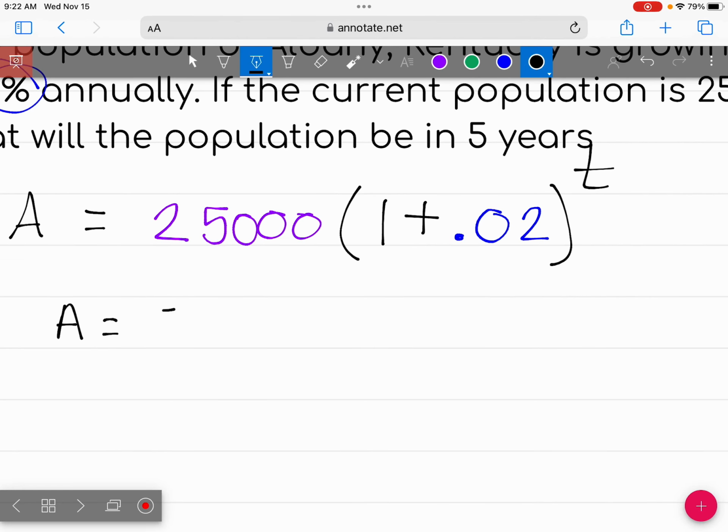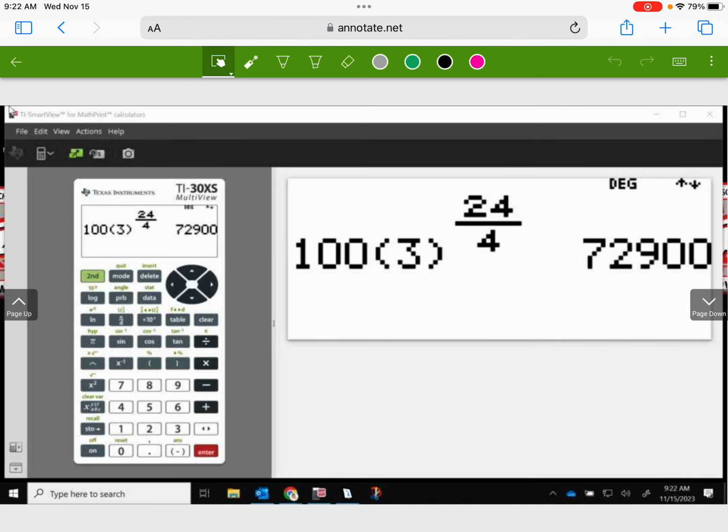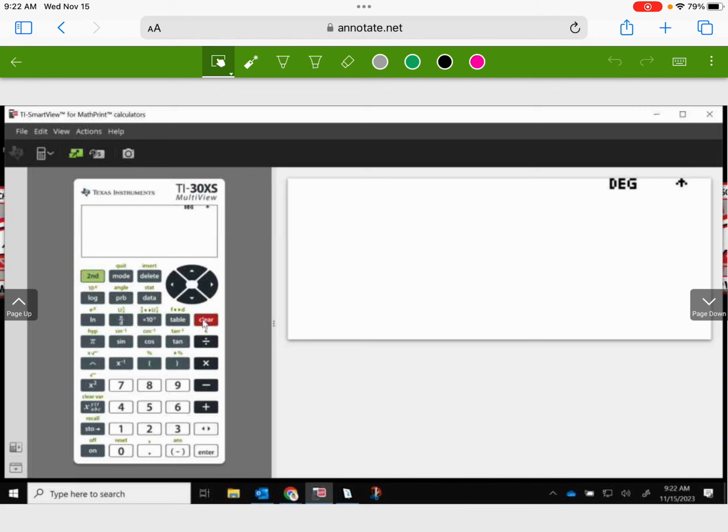So then, yeah, we're going to absolutely substitute in that 5 that we were asked about. 1 plus 0.02 becomes 1.02 to the 5. And we're going to use a calculator to do that so that it's not gross, because doing that by hand would be obnoxious.